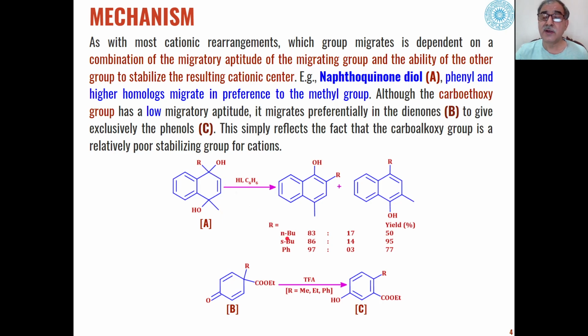When this R is normal butyl group, then 83% of the product formed is by migration of this group over here and formation of the phenols with the elimination of hydroxyl group from here. So one OH is removed from here and H is removed from here. Overall dehydration takes place with the migration of this alkyl group to this carbon, and we will get this as the major product when this R is normal butyl.